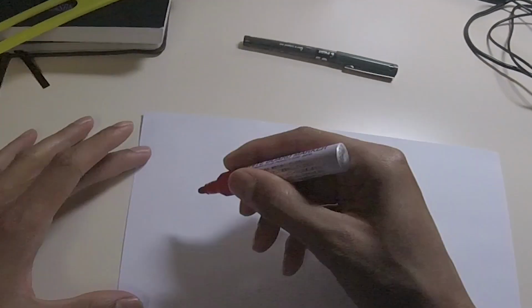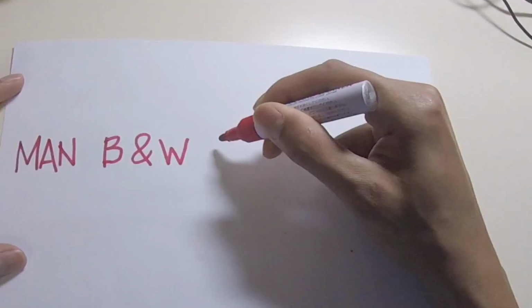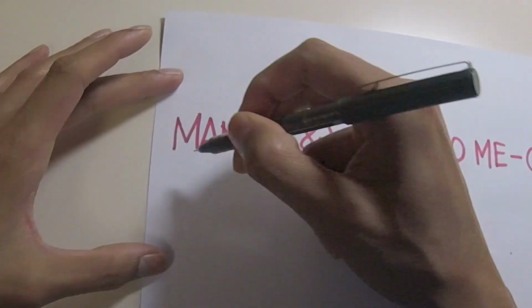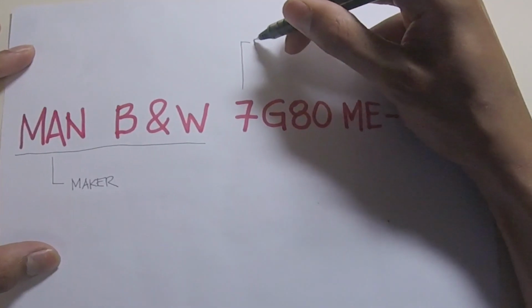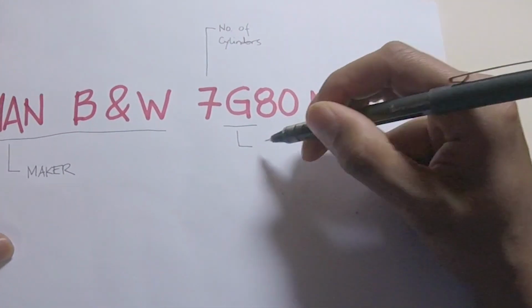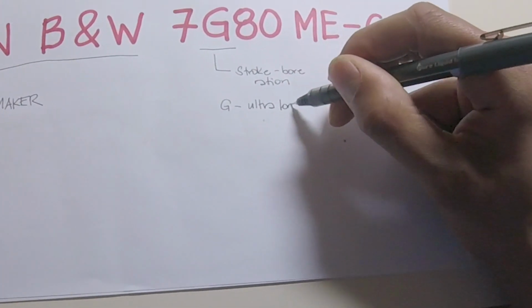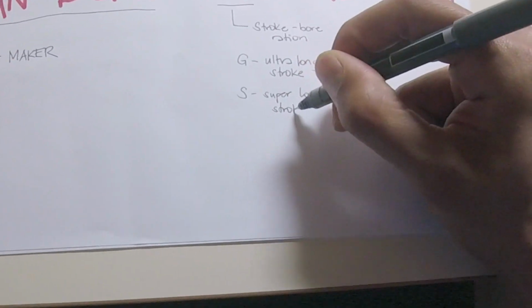Speaking of our main engine, its model is MAN B&W 7G80ME-C 9.5. With MAN B&W as its maker, the number 7 indicates the number of cylinders, G indicates the stroke bore ratio, and with G we have an ultra long stroke, with an S, we have a super long stroke.